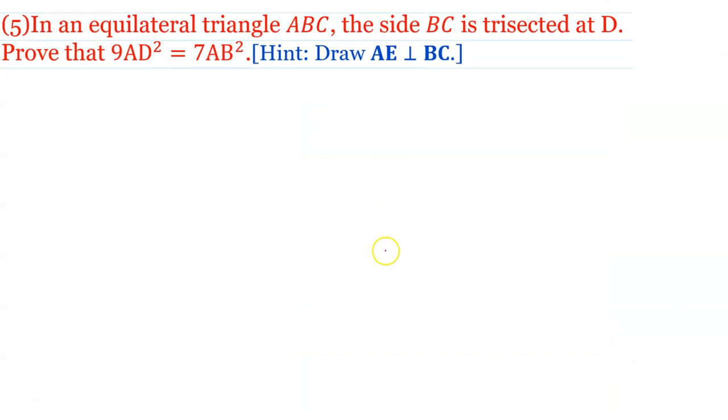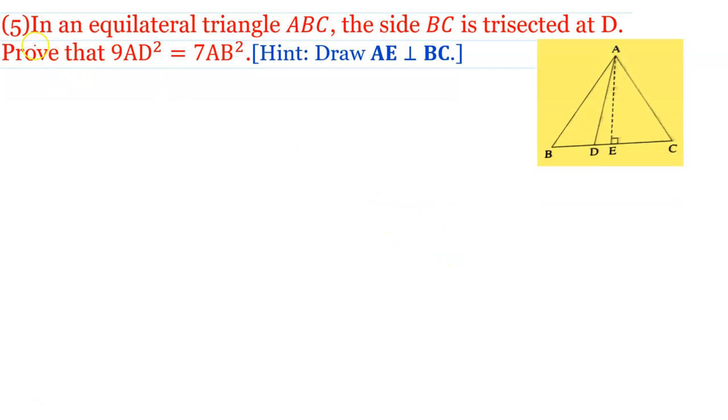Question number 5. We also have to look at the figure. In an equilateral triangle ABC, each angle is 60 degrees. All sides are congruent. This side BC is trisected at D, which means the ratio BD upon BC is 1 by 3.